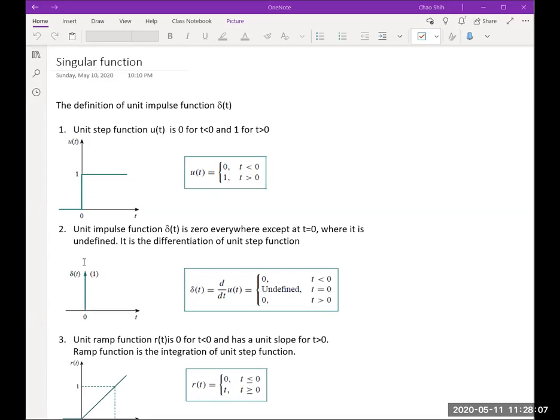And because it's a unit impulse, the total area under the arrow, you can think of the arrow as a very narrow, small time period, and it has a magnitude that almost goes to infinity. However, if you count the area under that, the area is 1. So that is what we call the impulse function.